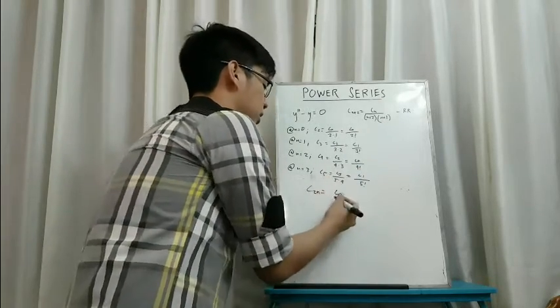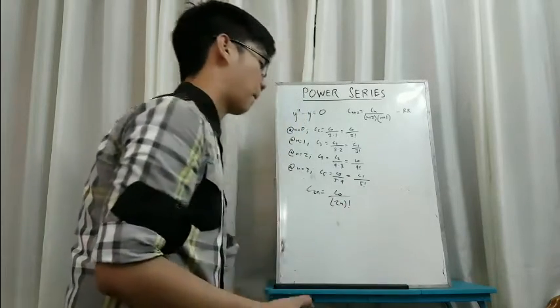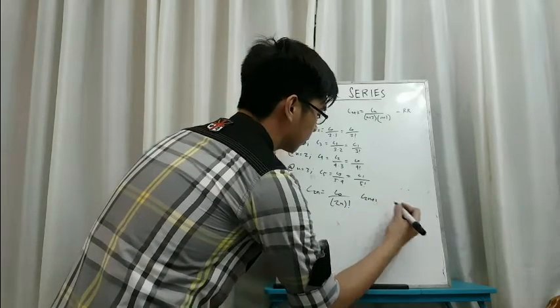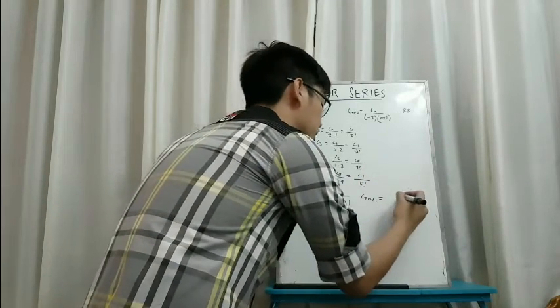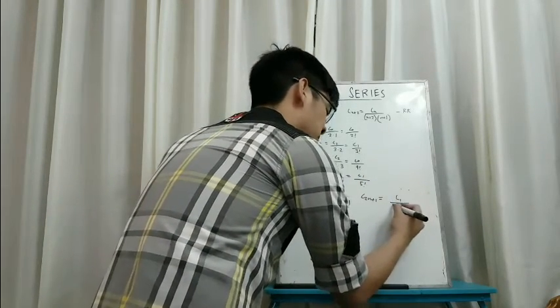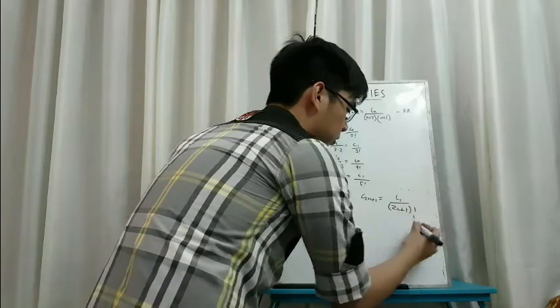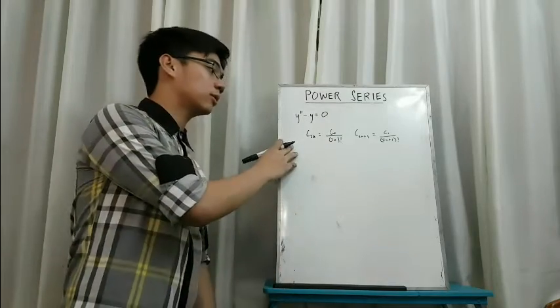So if this is 2n, you write here 2n factorial. Okay, at odd numbers, C sub 2n plus 1 is equal to C1 all over 2n plus 1 factorial. It's easier than the last. So this was our formula.